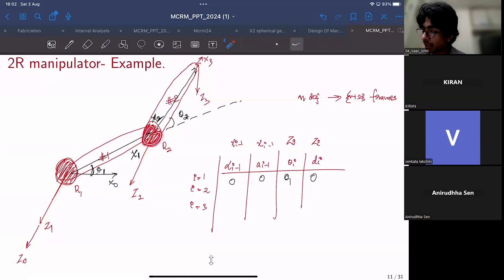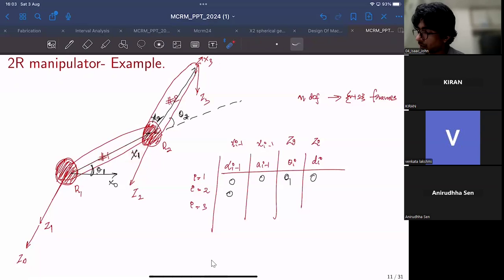Since these revolute joints are already parallel, we don't need to rotate about X1 to make Z1 and Z2 parallel. So again, that is also 0. Alpha i minus 1 is 0. Then the next would be translation along X1 axis, right?